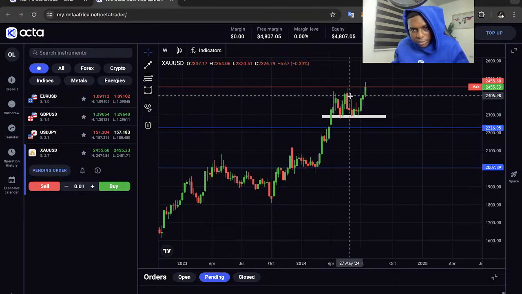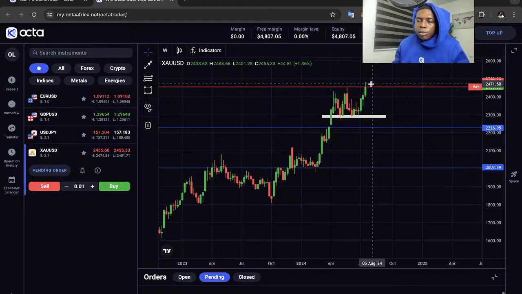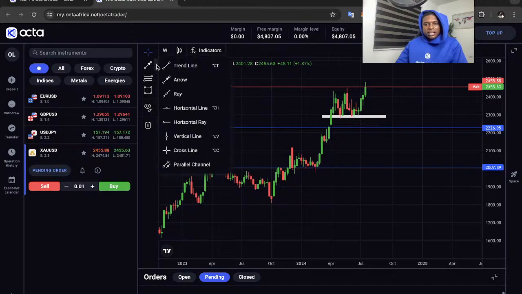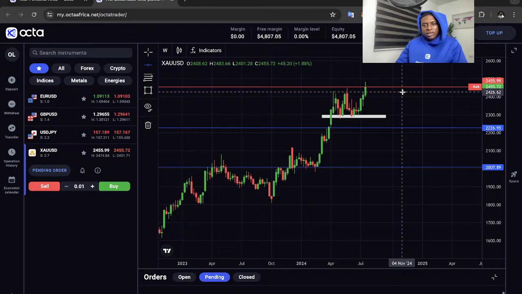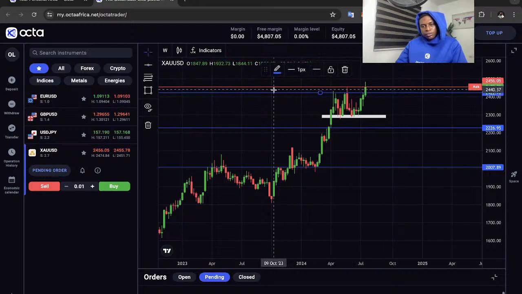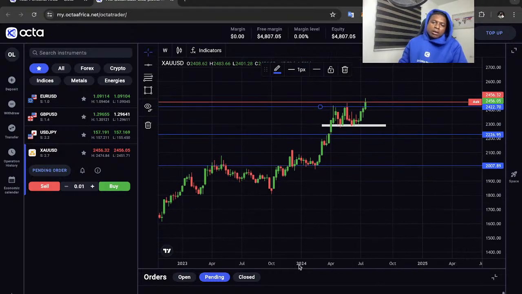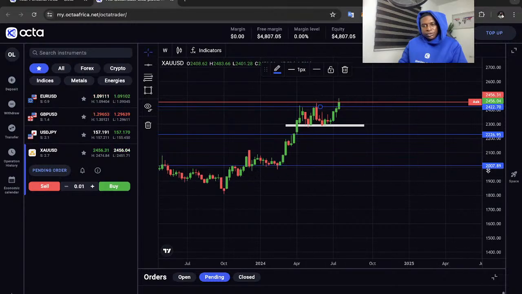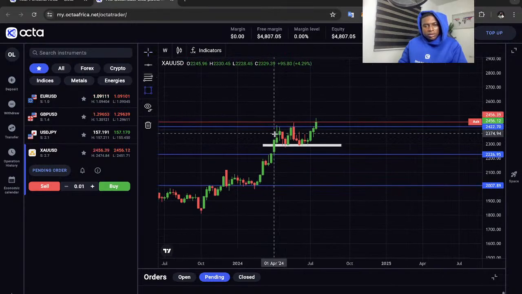Then price pushed back up. From this level, you can see that price is currently trading above the previous close. Clearly, price is currently trading above the previous close. So let's say we have something like this here.